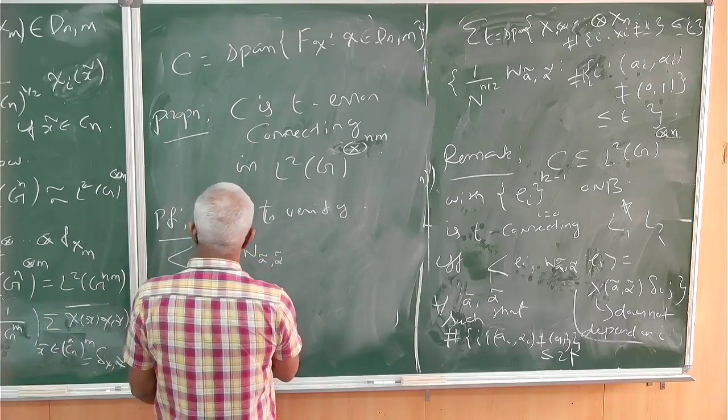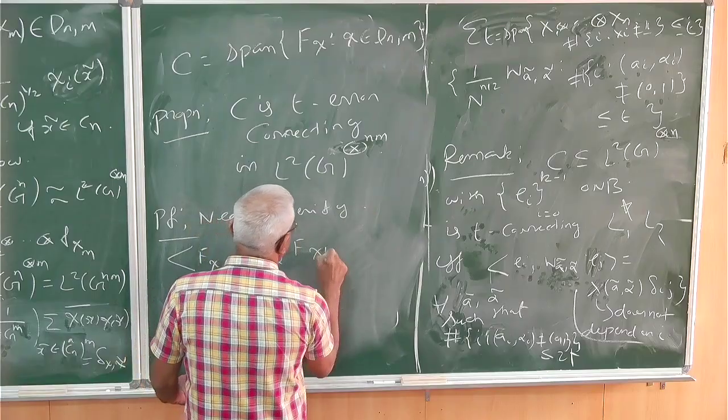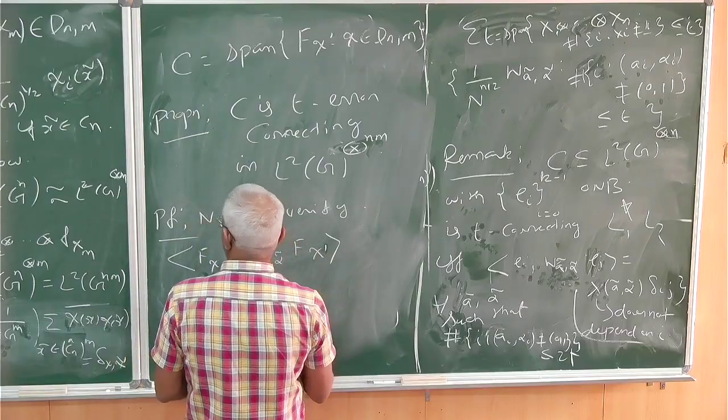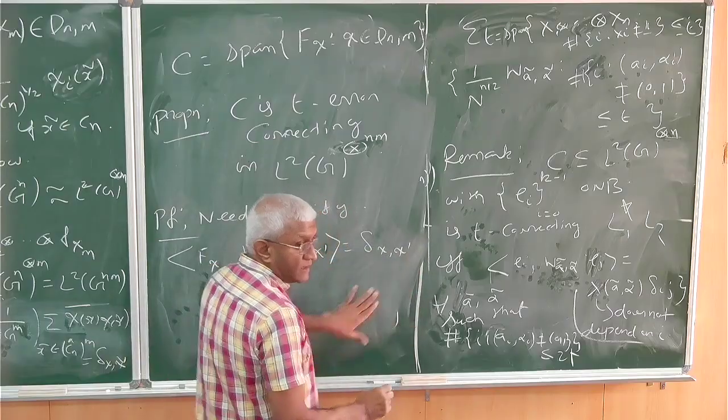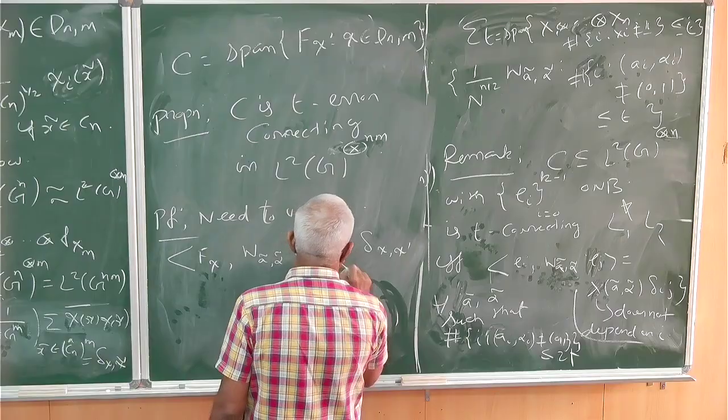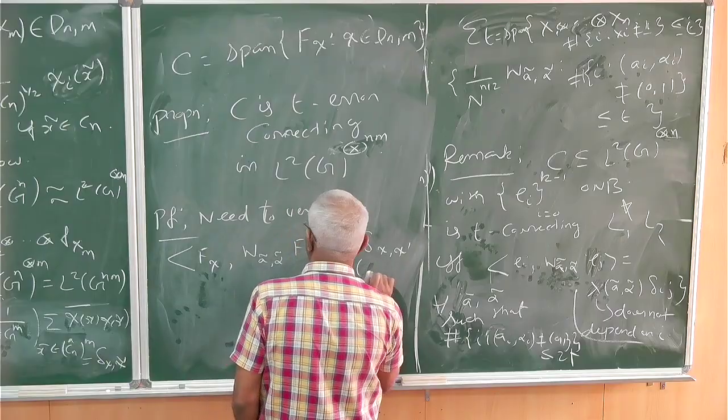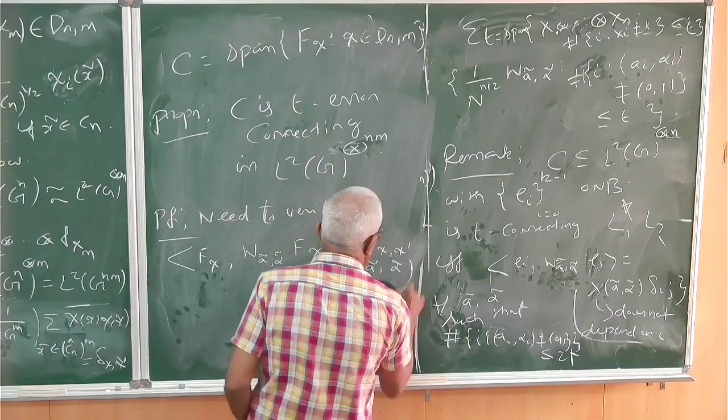Okay, we will take it and we will take an F prime. We want to prove that this is equal to delta of chi, chi prime, times a constant which depends on A delta, alpha delta.